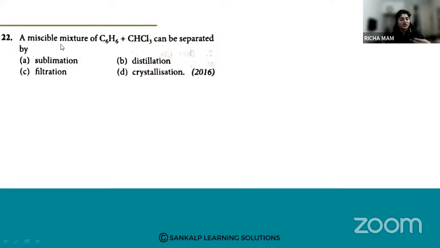A miscible mixture of C6H6 plus CHCl3 can be separated by... Miscible means a soluble mixture of your C6H6 and CHCl3, that is your hexane and your chloroform. A miscible mixture of hexane and chloroform can be separated by A. Sublimation, B. Distillation, C. Filtration, and D. Crystallization. How can it be separated?